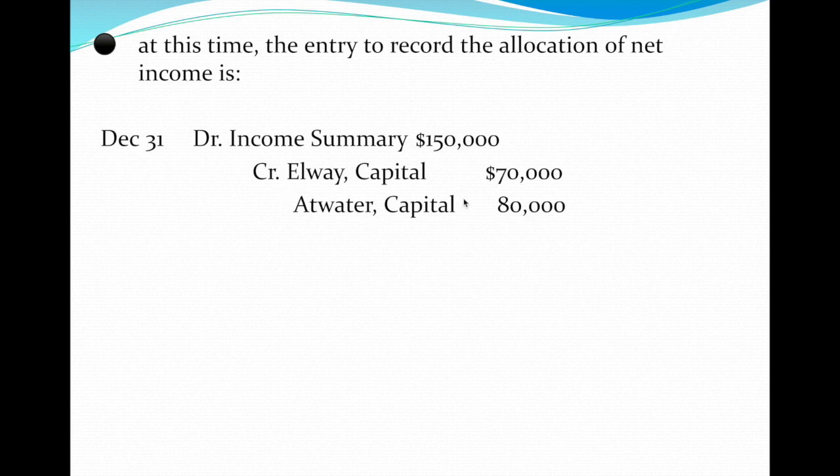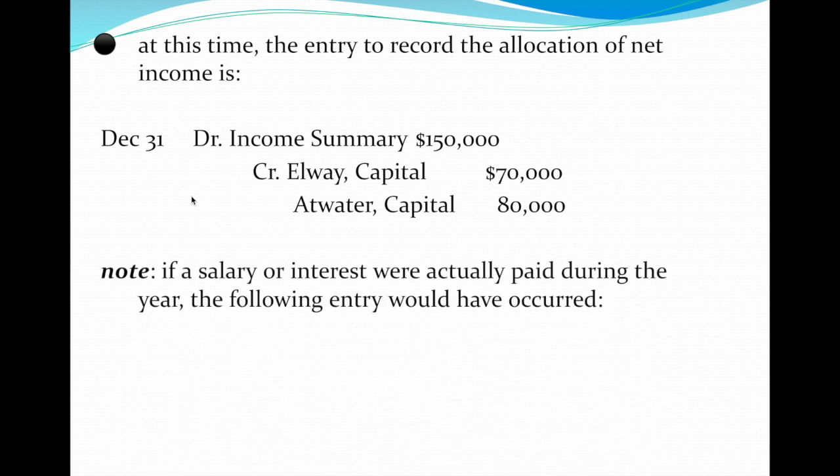We split this up because if this was a sole proprietorship, we would just have the owner's name and it would just be one entry. But because we have two owners, we write down the split, which is what we just spent our time finding. And so this represents what's happened with the net income of $150,000.